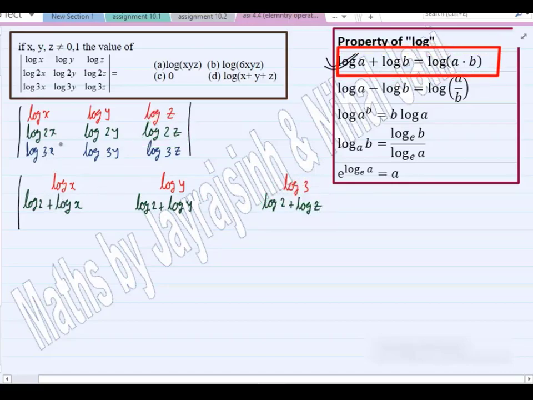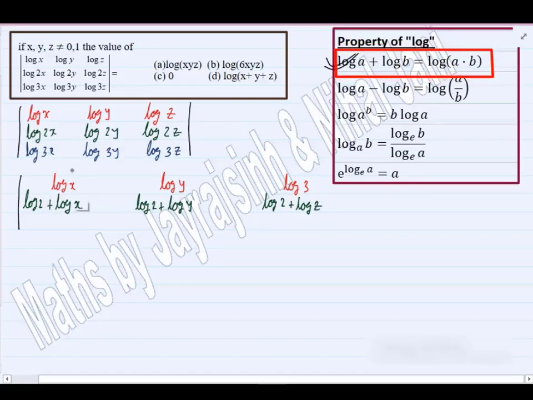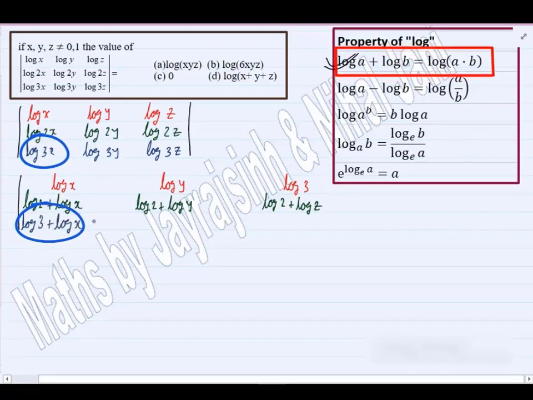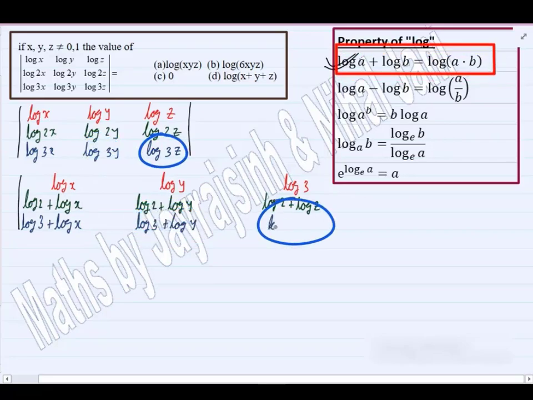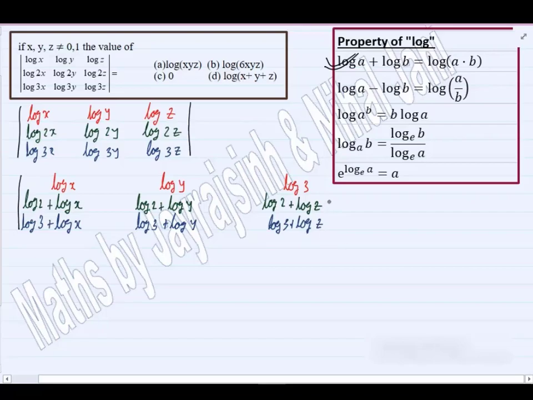Now the third row's elements can be simplified using the same property as log 3 plus log x, log 3 plus log y, and log 3 plus log z. Right? So this is your simplified determinant.